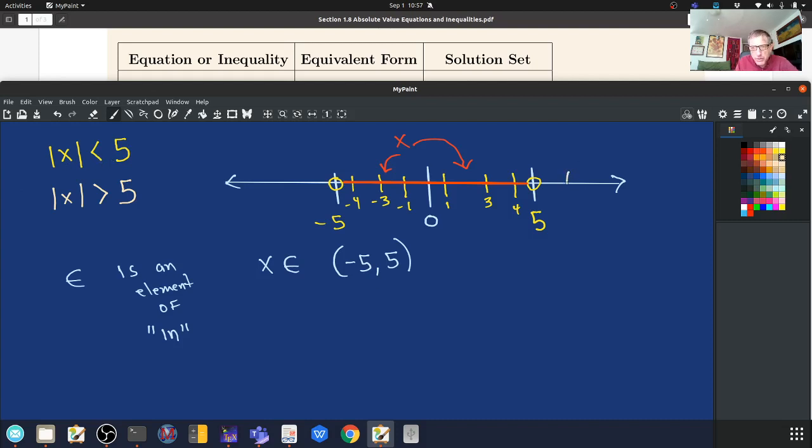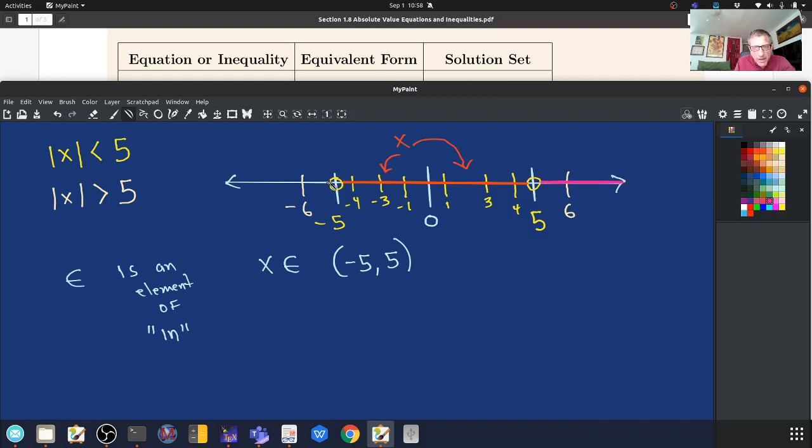But if I choose x equals 6, its absolute value is greater than 5. And if I choose x equal to minus 6, its absolute value is greater than 5. So in this case, the following interval is our solution set.